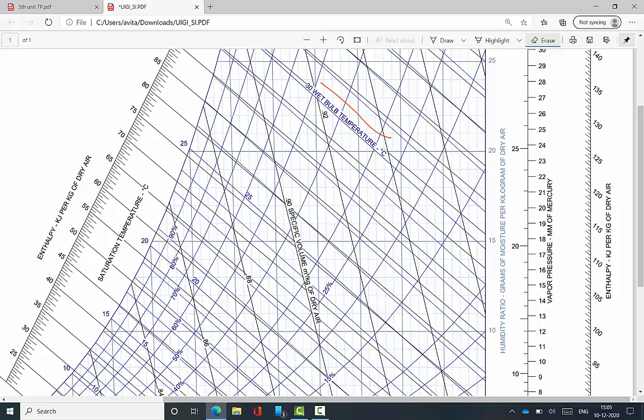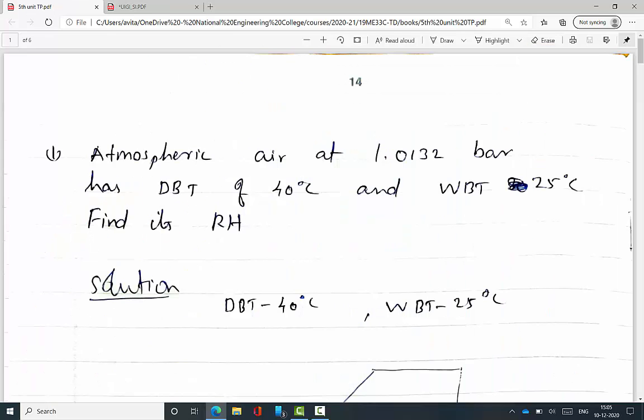What are the psychrometric processes? This was also discussed in earlier classes: sensible heating, sensible cooling, humidifying, dehumidifying, adiabatic mixing, and evaporative cooling. These are some important psychrometric processes, and there are also some combinations of processes, such as cooling and dehumidification, heating and humidification. Today we discuss the problems.